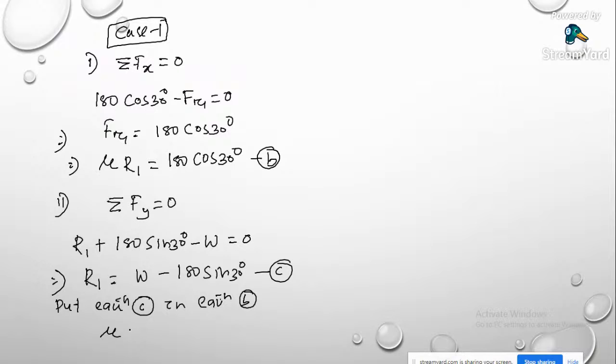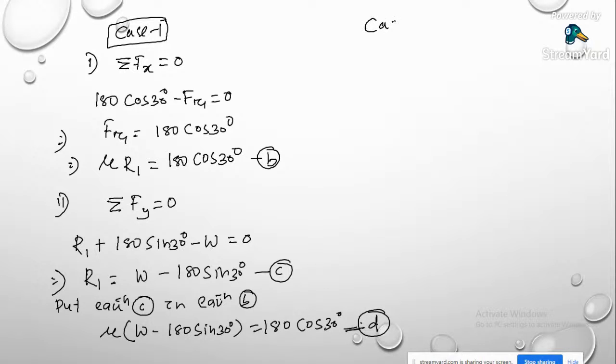So this is mu into R1, which is W minus 180 sin 30 degree, and it will be equal to 180 cos 30 degree. This is equation D.